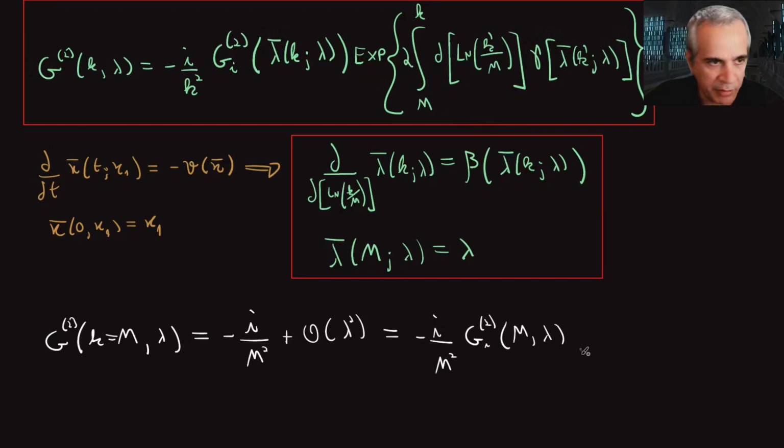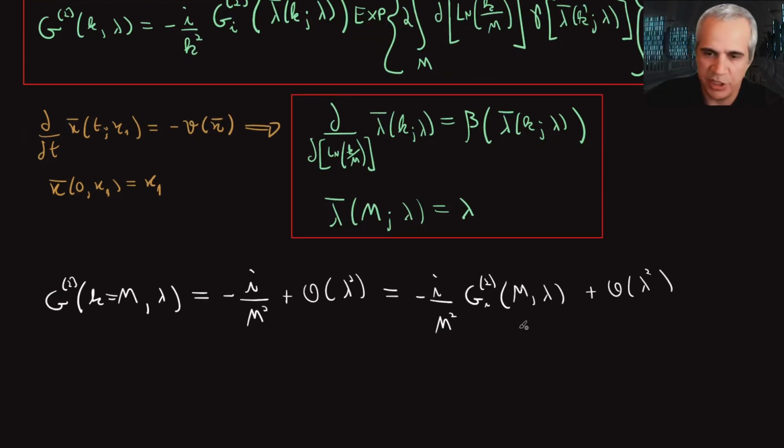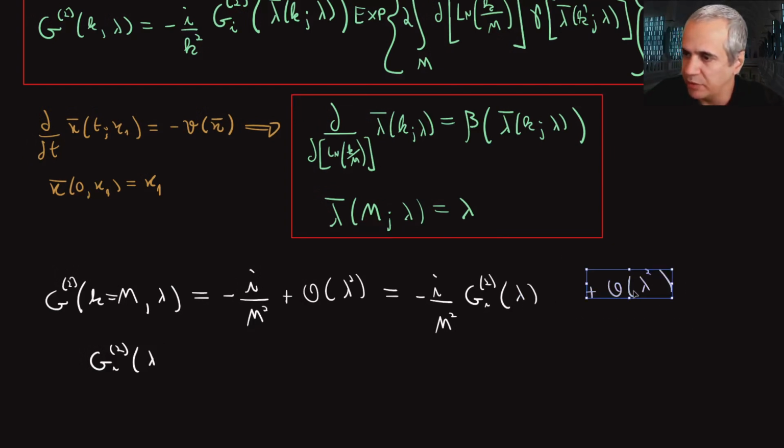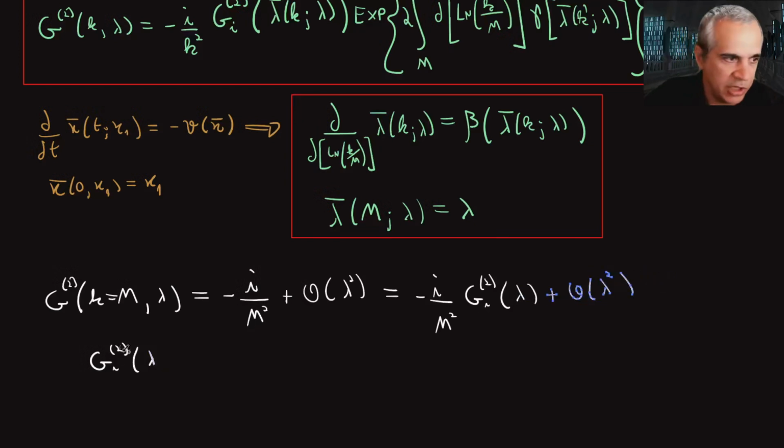And of course there are corrections of higher order, but I can already solve here for G2. So G_I2 of lambda, in fact, that's better like that, because lambda bar is lambda, there's no m dependence there. G_I of lambda is just 1 plus something of order lambda squared.